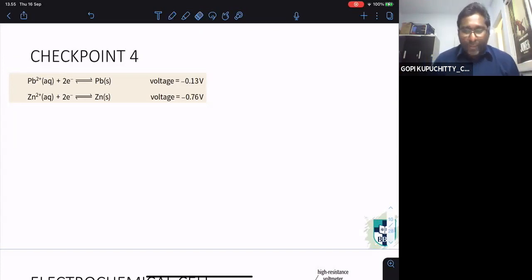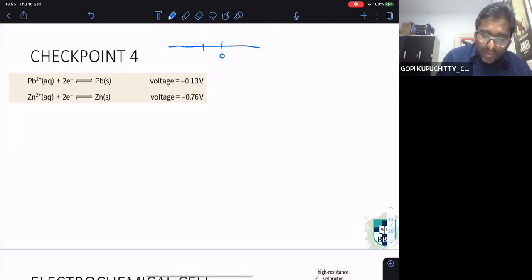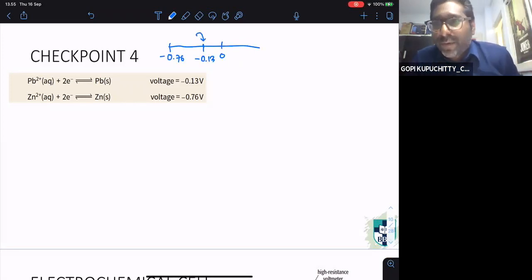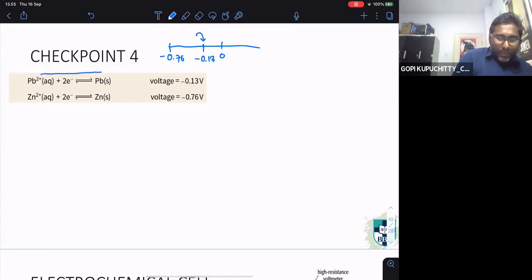If you put in number form, if this is 0, negative 0.13 is here, and then negative 0.76 is here. So this is going to be more positive, closer to 0. So we select the one that is more positive to go to the right. Automatically this one will go to the right, this one will go to the left.